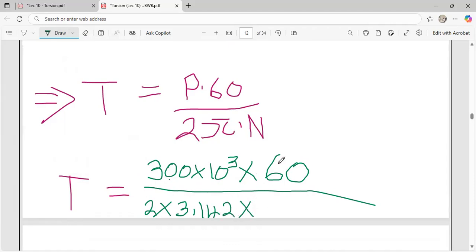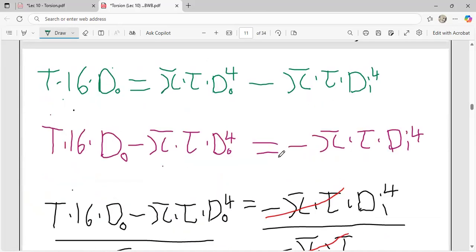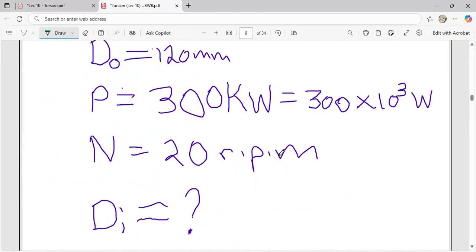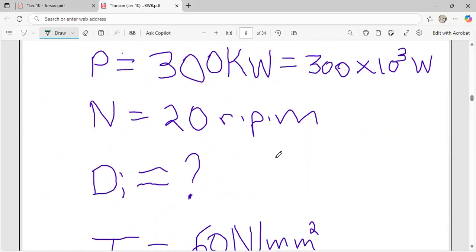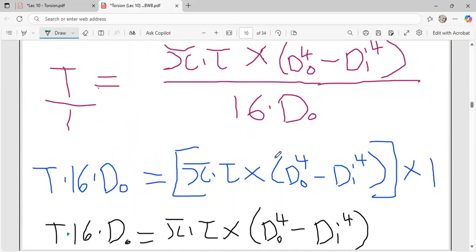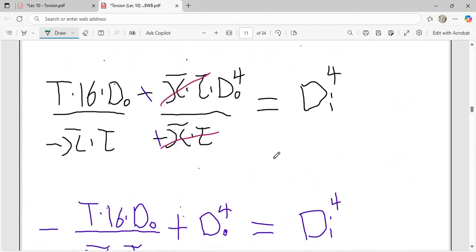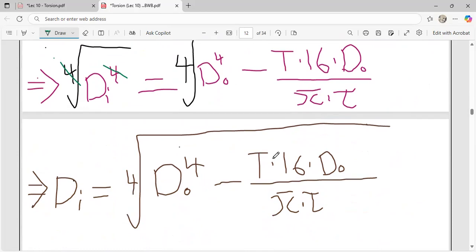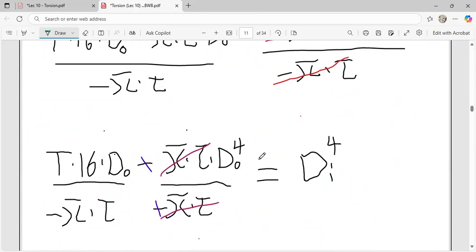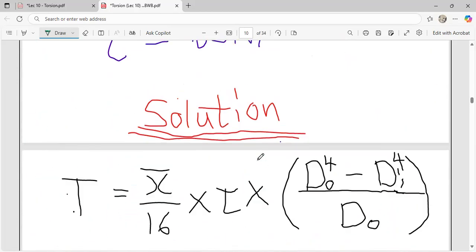times the n. What was the value of our n? The value of our n given to us was 20. It was rather 200.